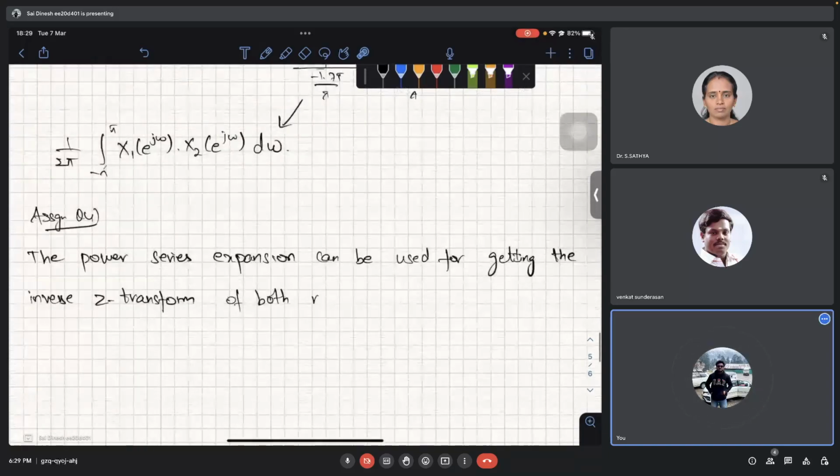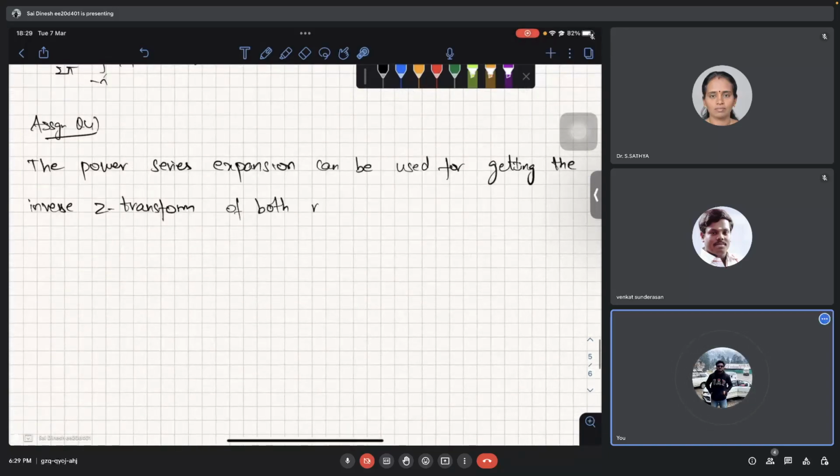The assignment question 4: the power series expansion can be used for getting the inverse Z transform of both rational and non-rational functions. For non-rational functions, it is quite clear.